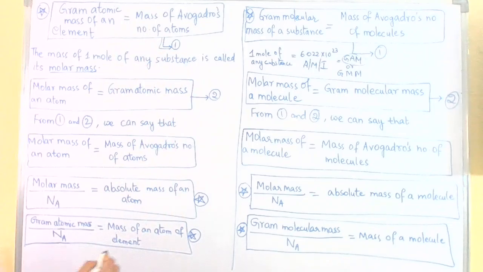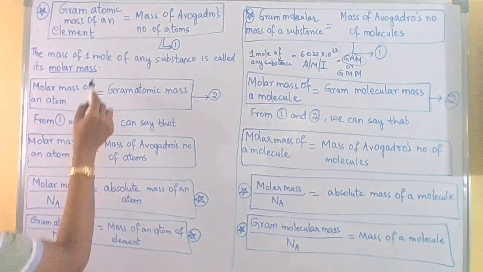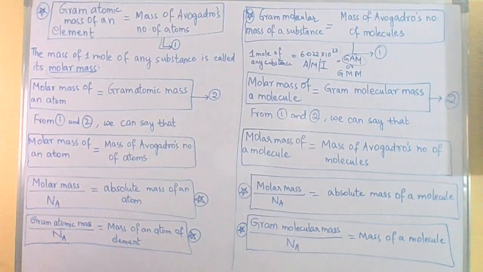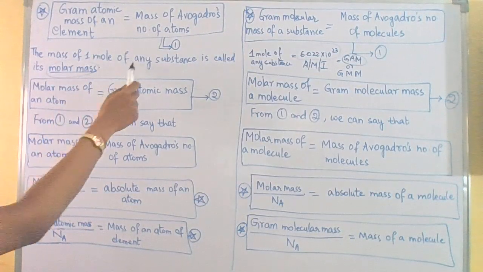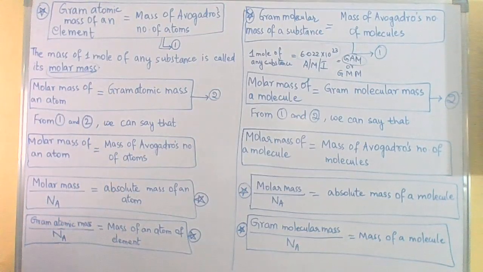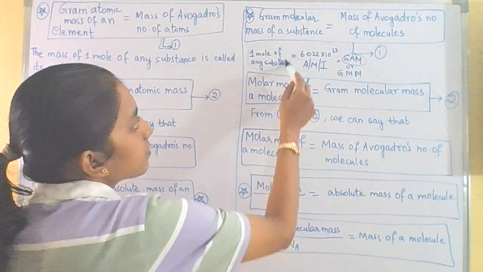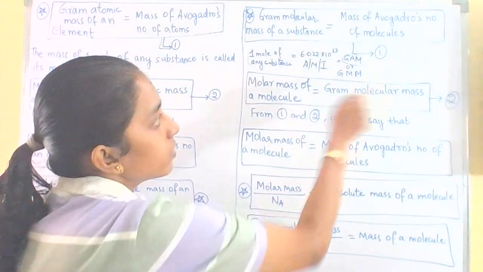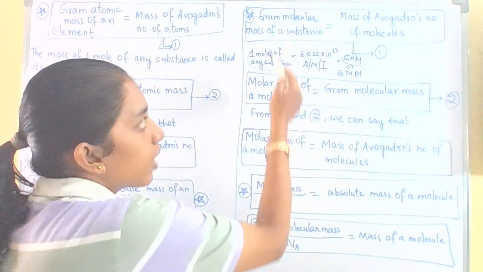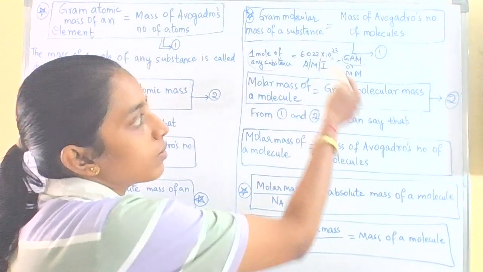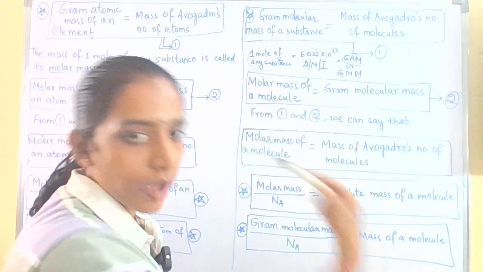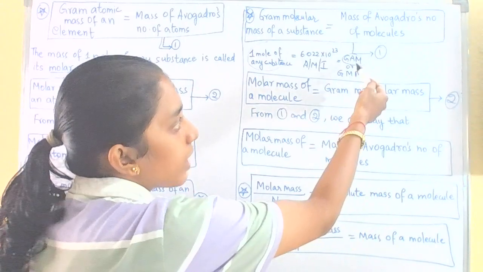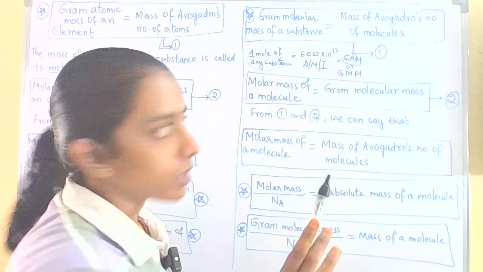Now they have defined the molar mass here. What is molar mass? The mass of 1 mole of any substance is called its molar mass. So from this equation, what can we understand? That molar mass is equal to Avogadro's number of atoms or molecules or ions, which is equal to gram atomic mass or gram molecular mass.